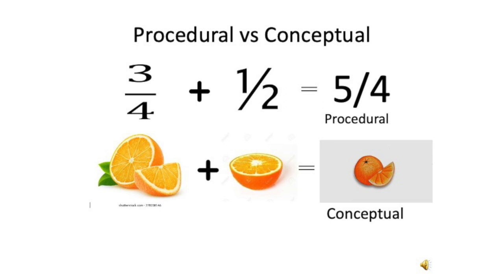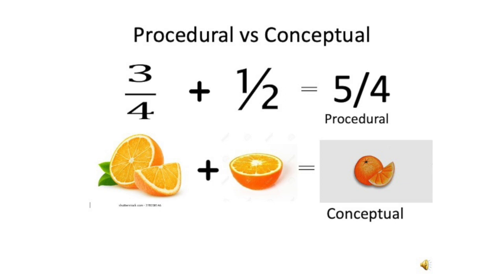I've illustrated here the two principal methods. Take, for example, if you're asked to add 3/4 plus a half. Now, if you use a procedural method, you use a formula. You look for the lowest common multiple, the LCM, and then you arrive at the answer, 5/4, which gives you 1 and 1/4.